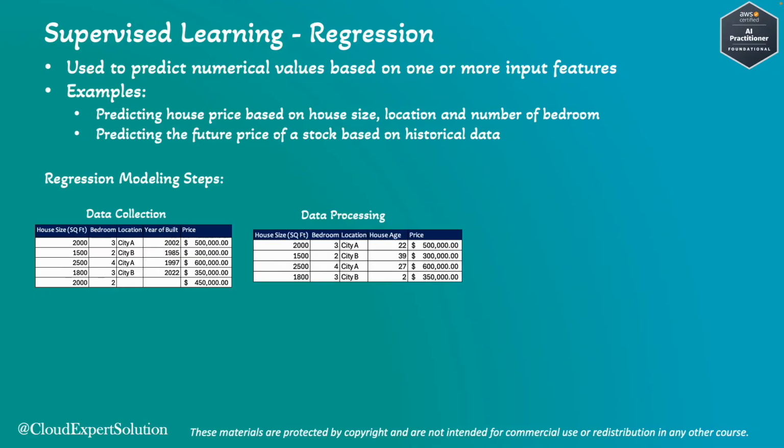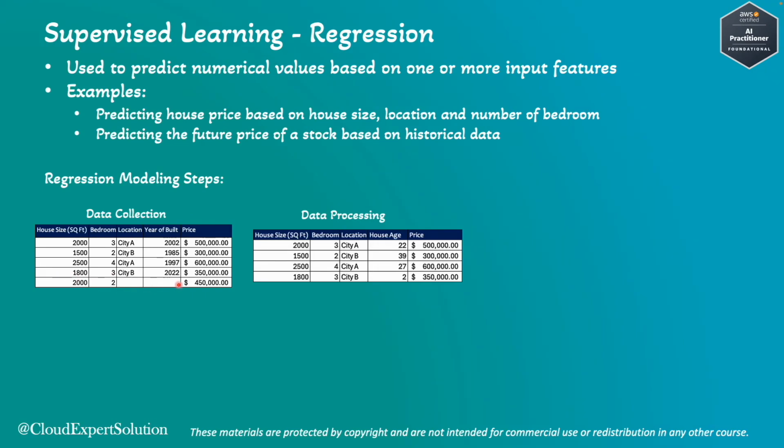Once we have the data collected, the next step is data processing. In this process, we clean the data, we handle any missing values, and also normalize the features if necessary. If you review this example, here we have a missing line. In data processing, if we have any data with missing values, we can eliminate them or add the respective values in that cell.